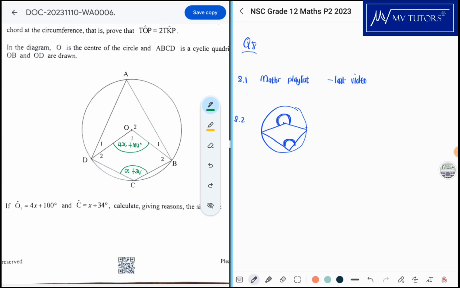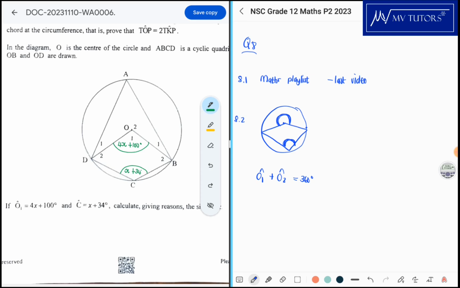So in this case, O2 would be twice C. Now in order for us to get O2, we can say that O1 plus O2 is equal to 360 degrees, angles around a point.